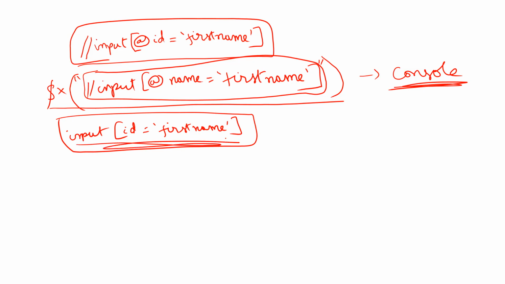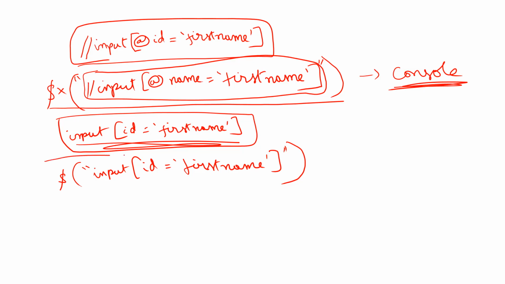For testing this CSS selector, we will just use the $ symbol and in brackets we will use double quotes and then input ID is equal to first name. So this is how we will enter this one into Firefox console or Chrome browser console, and we can test this one.